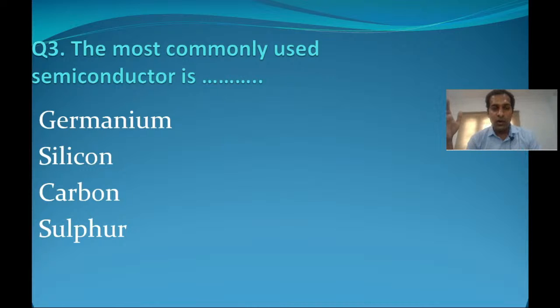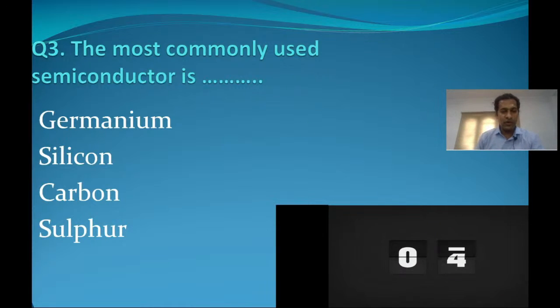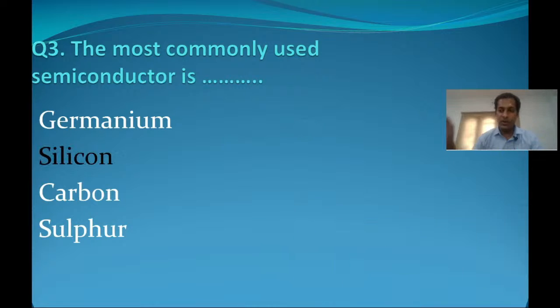So we go for the one which is widely available. So what is your answer for this? Your time ends now. The answer is silicon. Silicon is the most commonly used semiconductor. Most of the devices are made using silicon as a material.